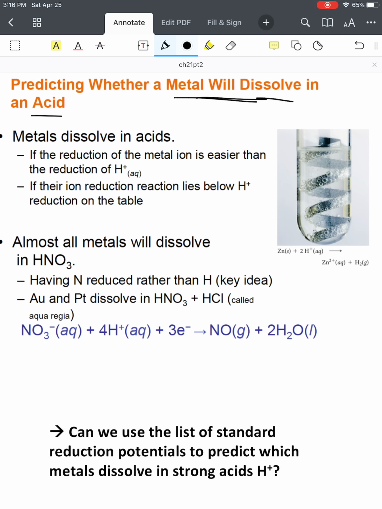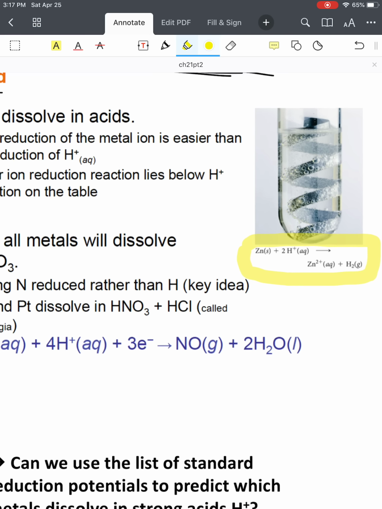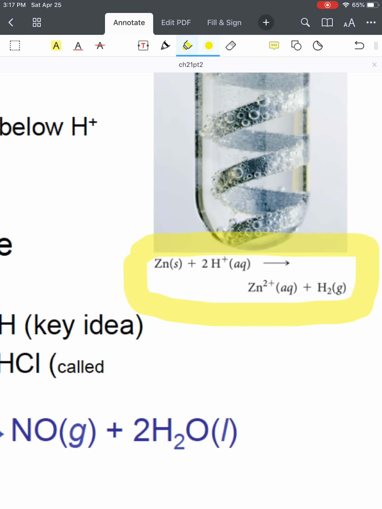So we can make sense of that through this redox chemistry, as it turns out. And to do that, let's key in on this reaction right here. Now, this is one of the reactions that is actually successful. So if you take some zinc solid and you throw it into an acid solution where you get a lot of H+, it turns out that what will happen is the zinc will dissolve.